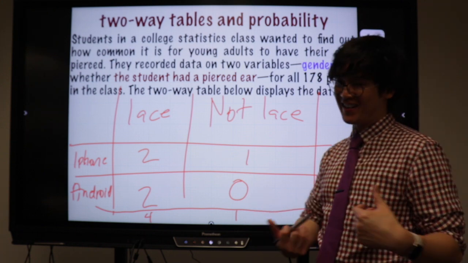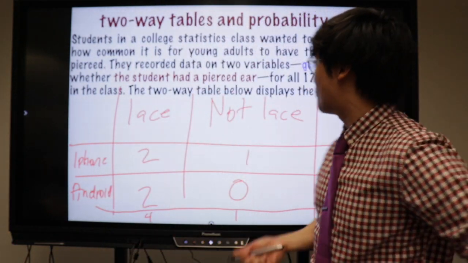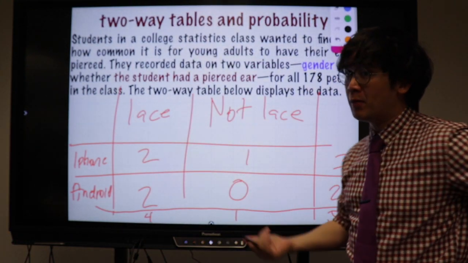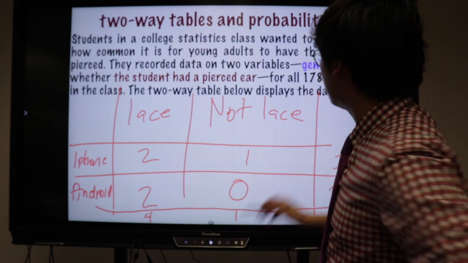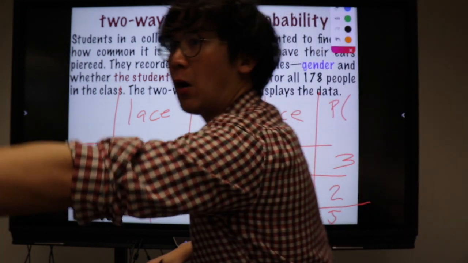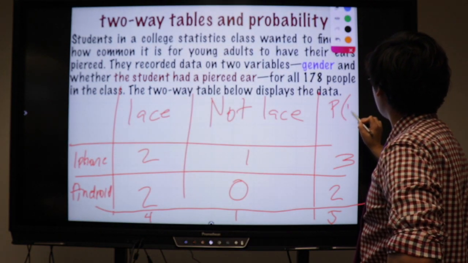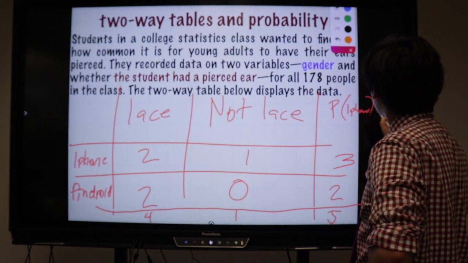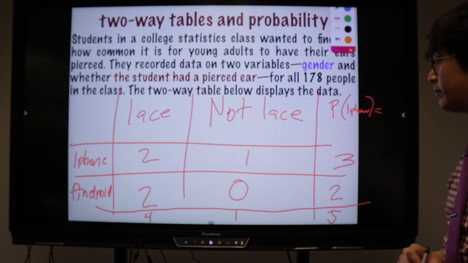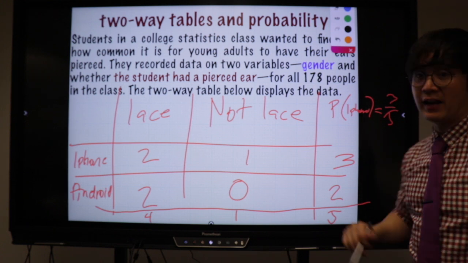Okay. Why is this important, that you know how to work on probability questions involving two-way tables? What's the probability that if I select a student in this group, it will be a student with an iPhone? 3 out of 5. iPhone is 3 out of 5. And that is correct.